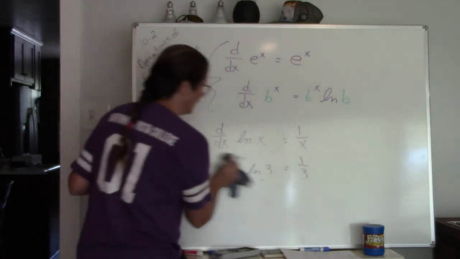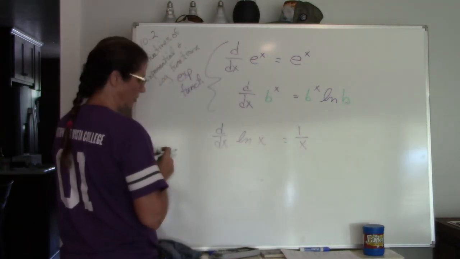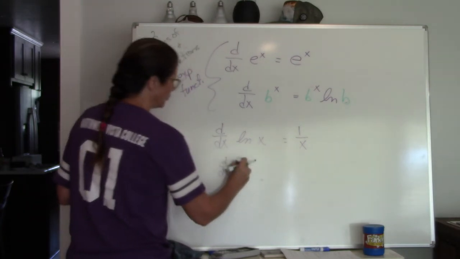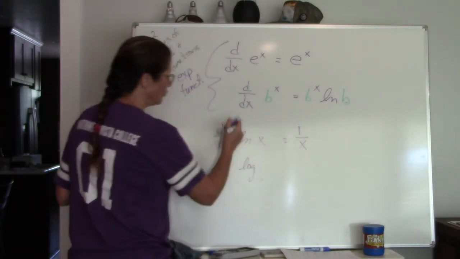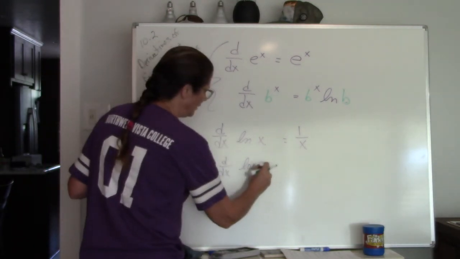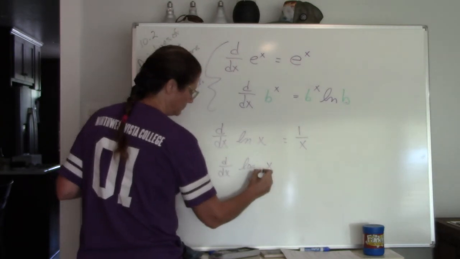The last one is a little bit more complicated, but you are going to have your notes, so you aren't going to have to memorize these. This is any log. These are both logs. This is the natural log, and this is a log of any other base. Again, I'm going to color code this.